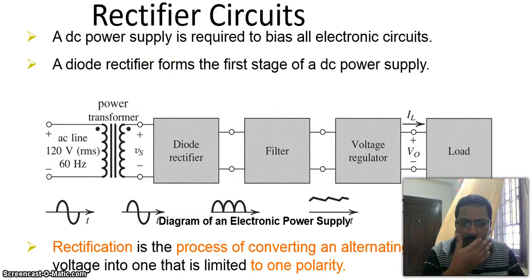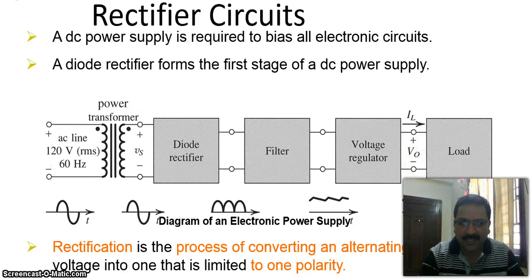Generally, a diode is used to act as a rectifier. When we allow AC voltage through a diode, we get the half wave of the DC voltage, and the other half of the AC voltage, the negative cycle, is not conducted by the diode circuit.